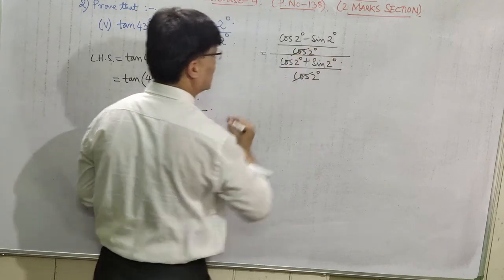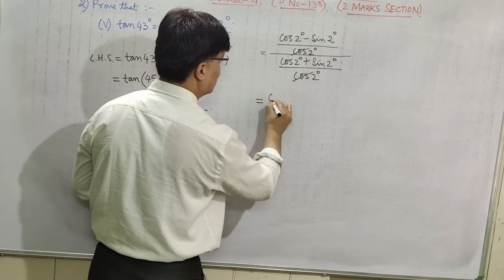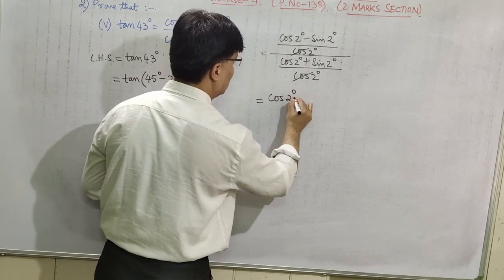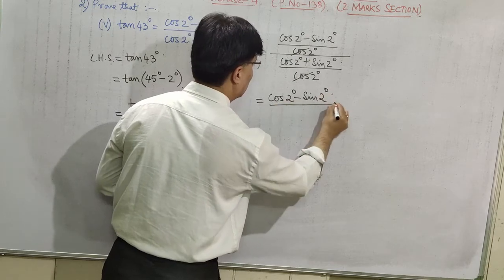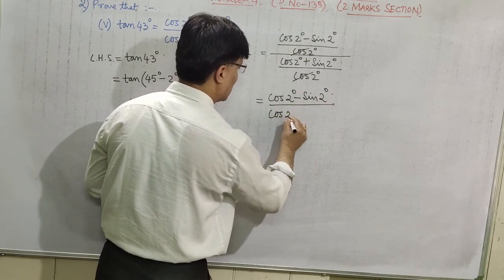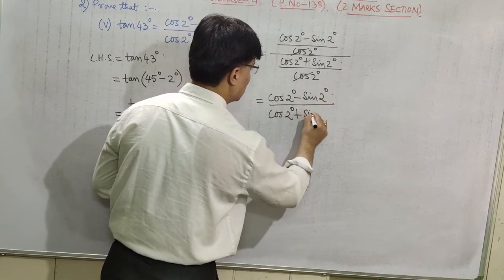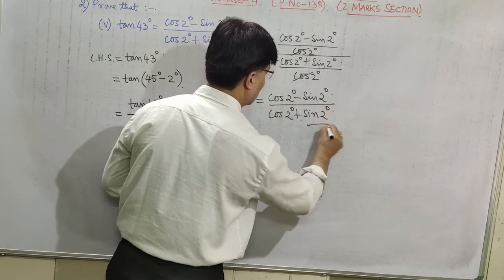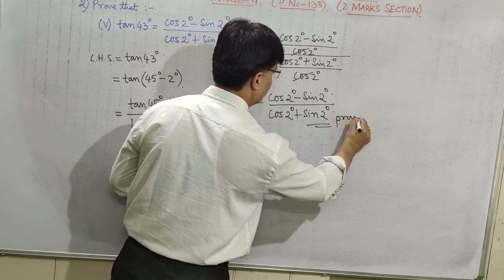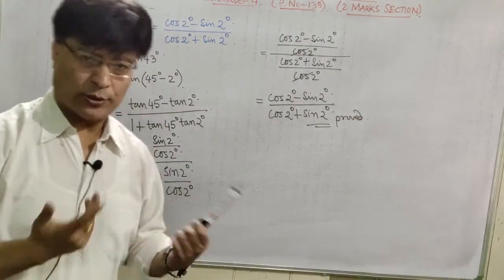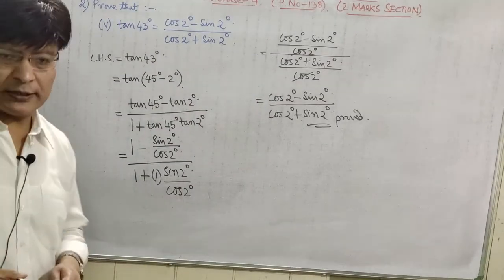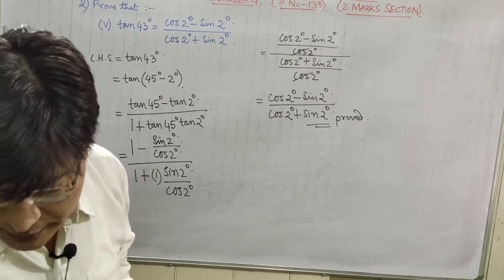So here you can cancel this LCM. So what do we get? It is cos 2 degree minus sin 2 degree divided by cos 2 degree plus sin 2 degree. So this is proved. I think you have understood it. So this is the proof. You can copy it. Now we'll do the next question.